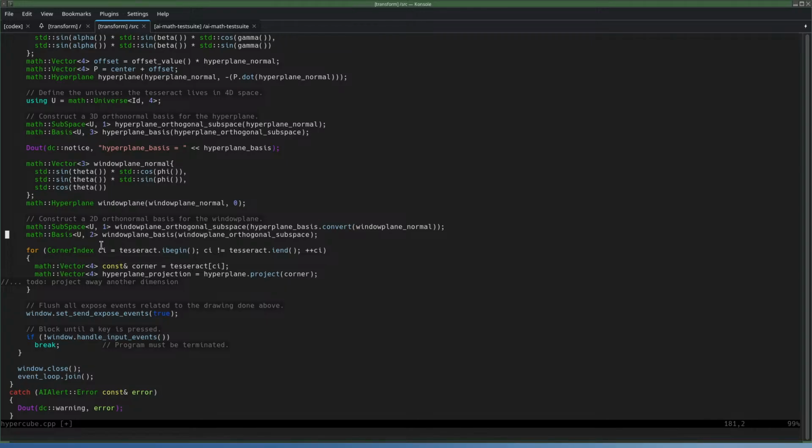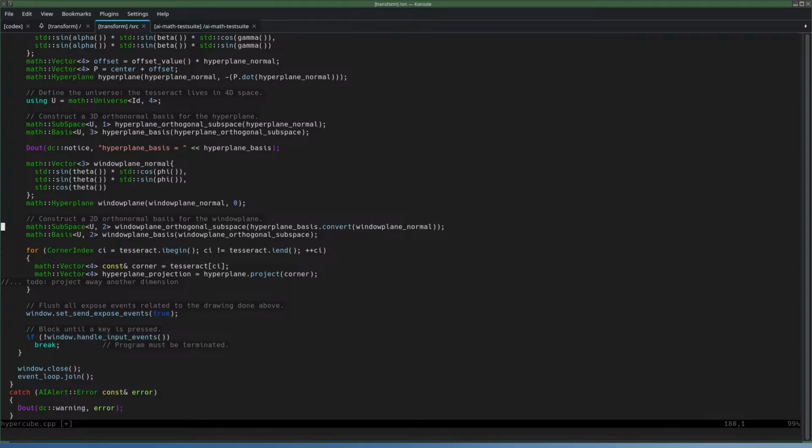I mean, the only way that this is going to compile, leaving us 2 dimensions, is when we remove 2 dimensions from the universe, right? I mean, we want a window plane which is 2-dimensional, which means that the orthogonal subspace is 2 dimensions. So this must be 2 dimensions. I say, okay, I'll just make it 2 dimensions, no problem.